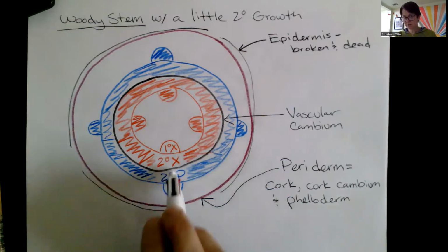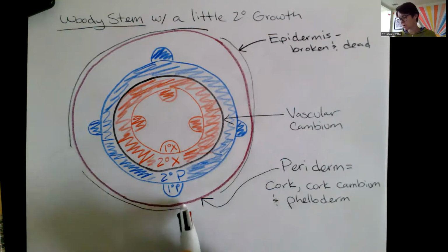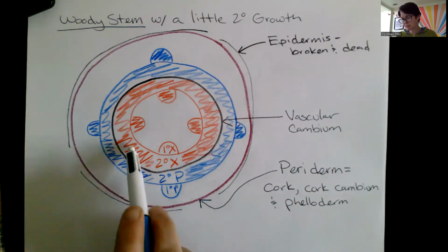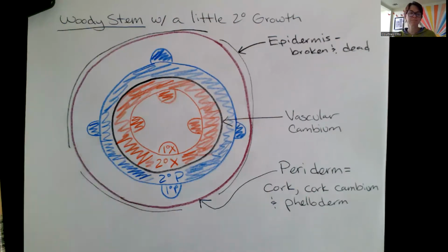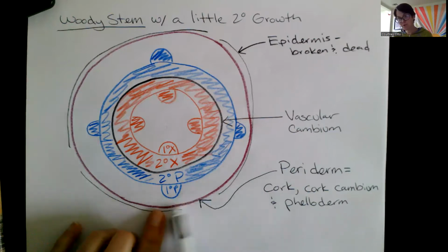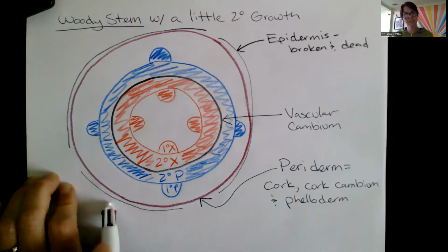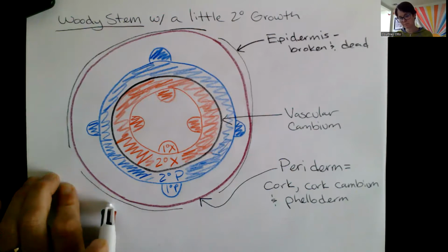Well, the vascular cambium is going to be more active than our cork cambium in this periderm. And what that means is that we're going to get the addition of lots more secondary xylem and secondary phloem than that cork cambium can keep up with. And what that's going to eventually mean is that our first periderm, that first one to originate, is going to get stretched apart and break just in the same way that our epidermis is.